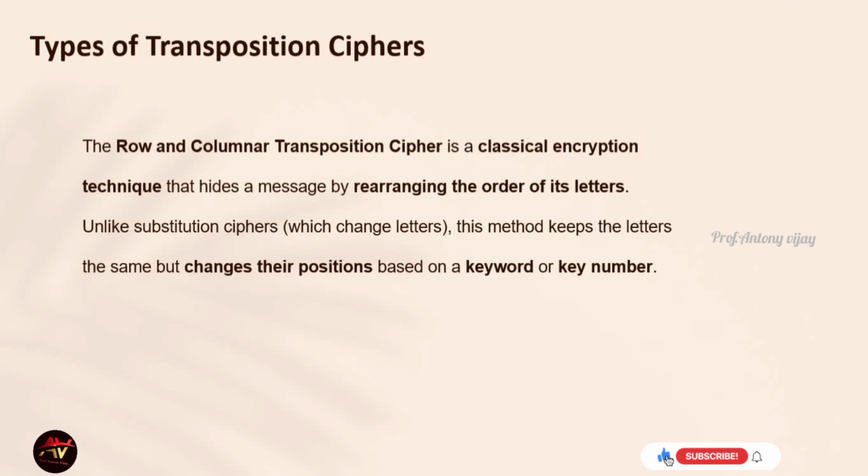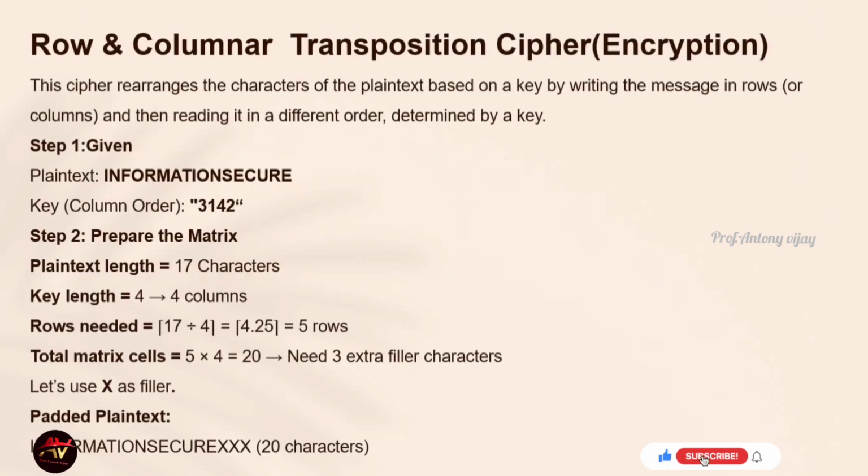Let's see an example. Let's see the encryption part of the row and columnar transposition cipher. Here I am taking the plain text "information secure" and the key value 3142. This is the order, and the order is very important.